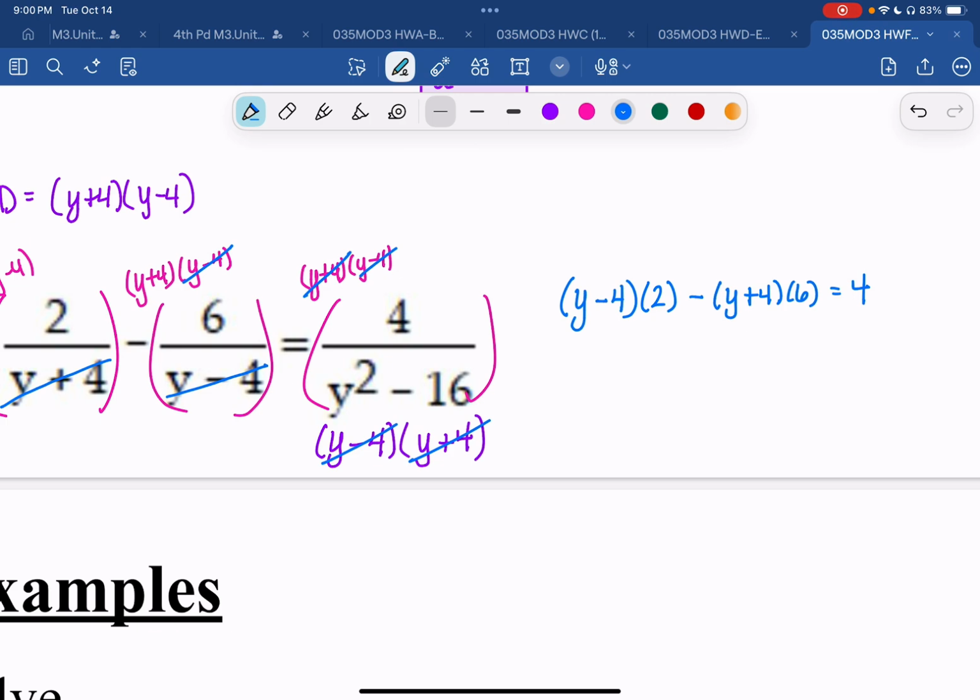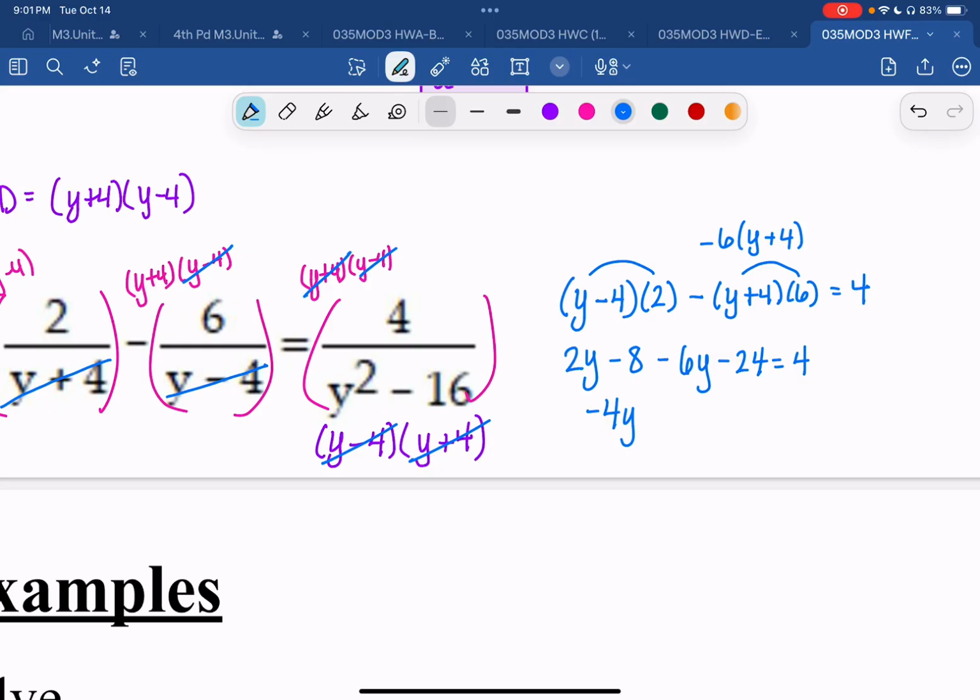Now we clean up. So let's see, 2 can go through. So 2y minus 8. The 6 can go through, but we've got to make sure we subtract that. So I'm actually going to rearrange this order so I can put that negative 6 through. So minus 6y and minus 24. Just watch your signs. All right, so now if I clean that up a little bit more, I've got 2y and minus 6y, so that leaves me with a negative 4y.